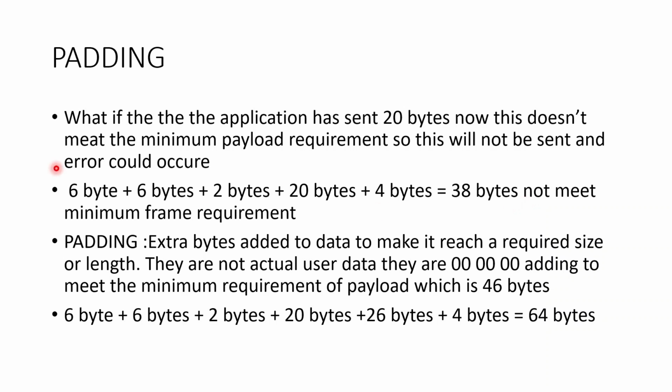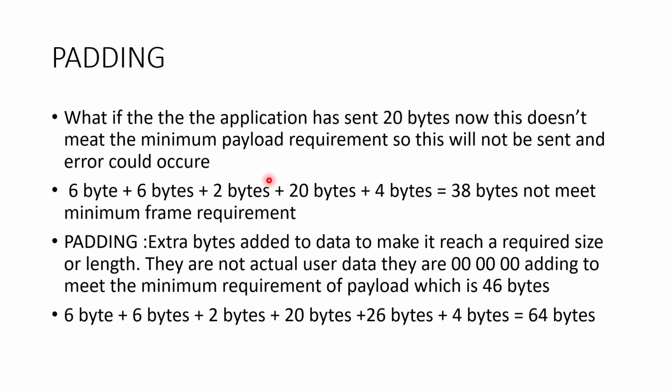Now the solution is padding. Padding, as I said, is the addition of extra bytes to the Ethernet frame so as to reach the minimum requirement. The padding is going to be generated automatically with the Ethernet header, in the payload part. Here, at first the application tried to generate data 20 bytes long.